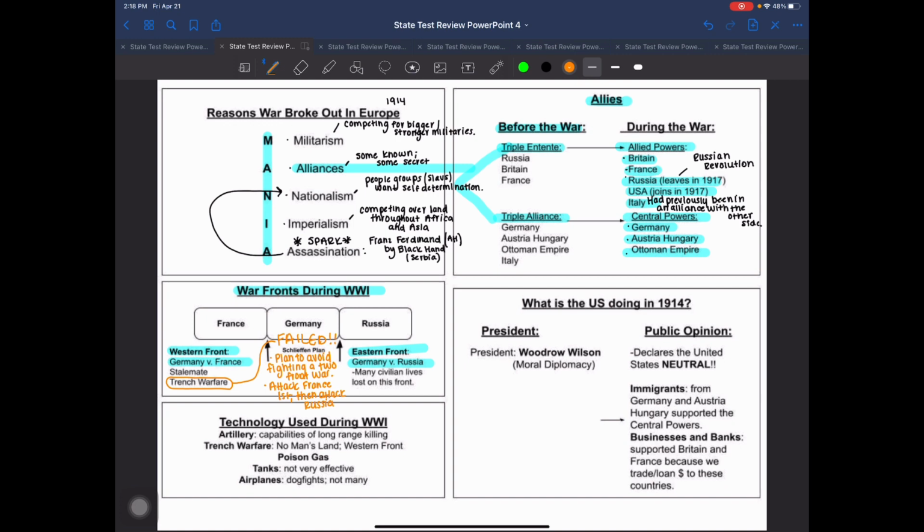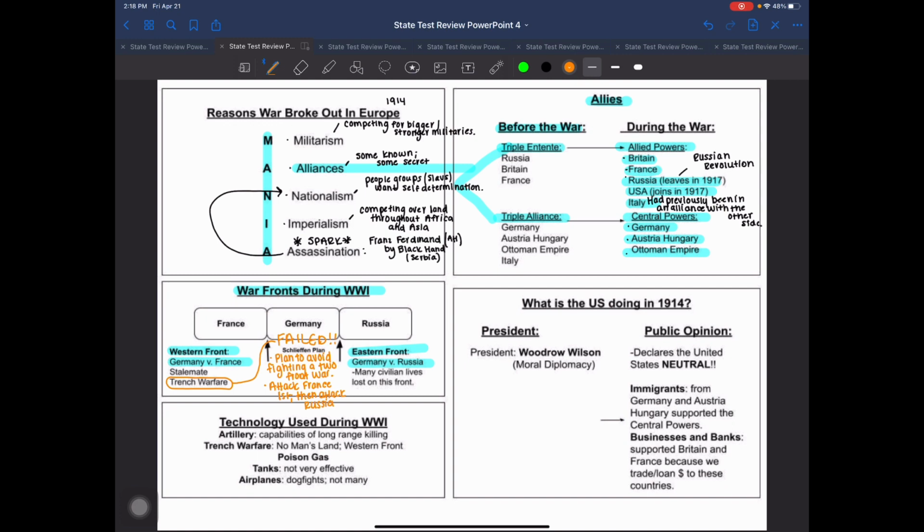So what Germany winds up having to do is not only fight France in the trenches, but they do wind up having to fight Russia at the same time. So this Schlieffen Plan, again, I know I'm butchering that name, it winds up failing for them.